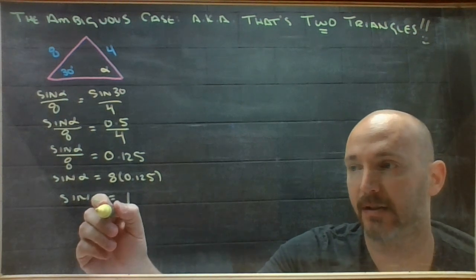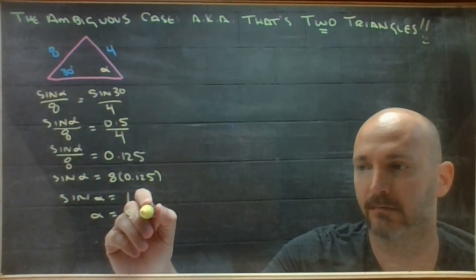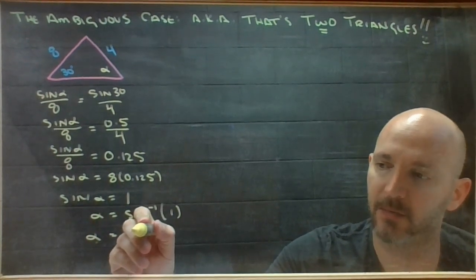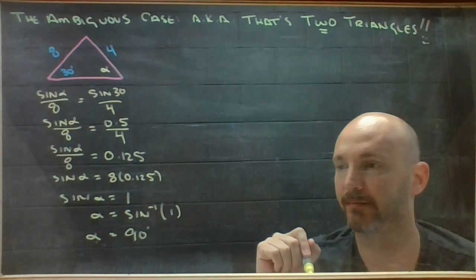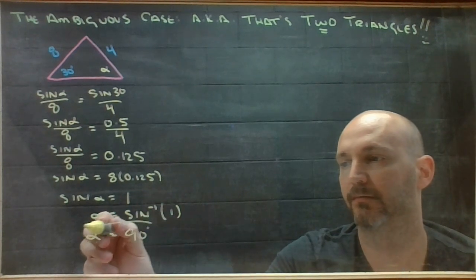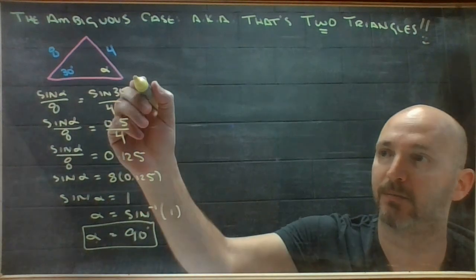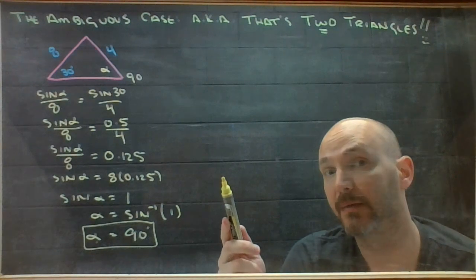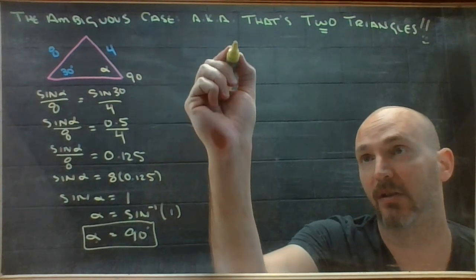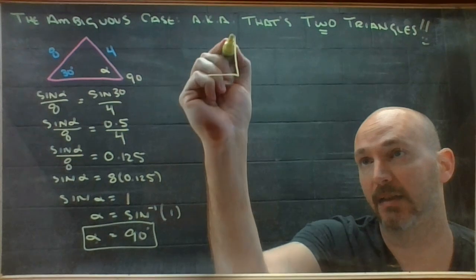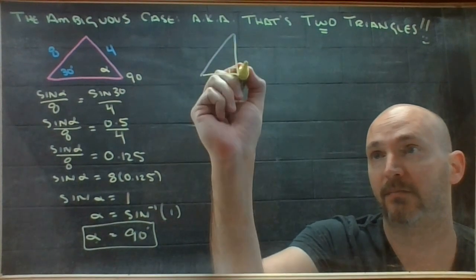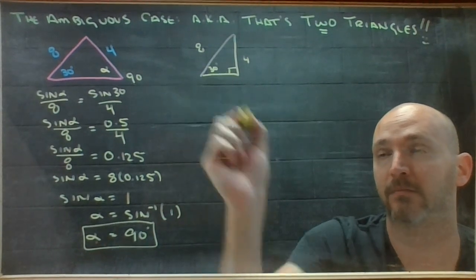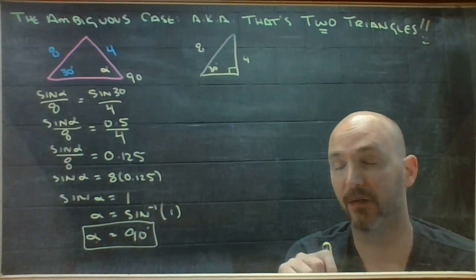I'm going to throw my arc sine on there, and I come up with 90 degrees. So, the diagram's a bit deceptive. A 90-degree corner should look more like this, if you draw it to scale.